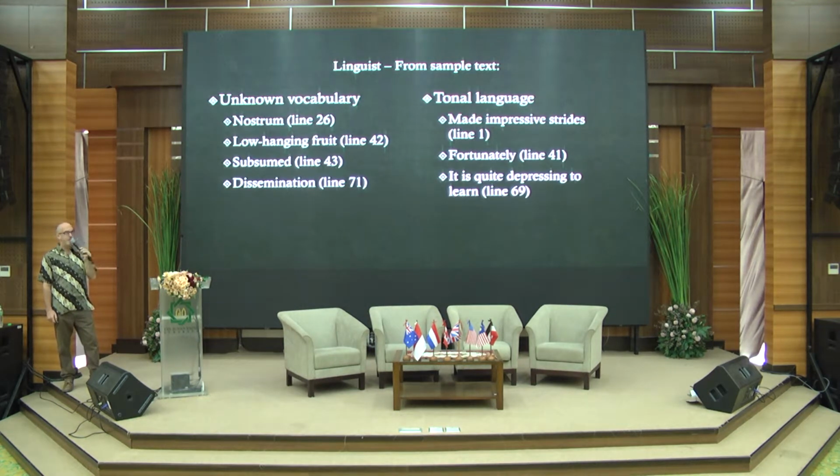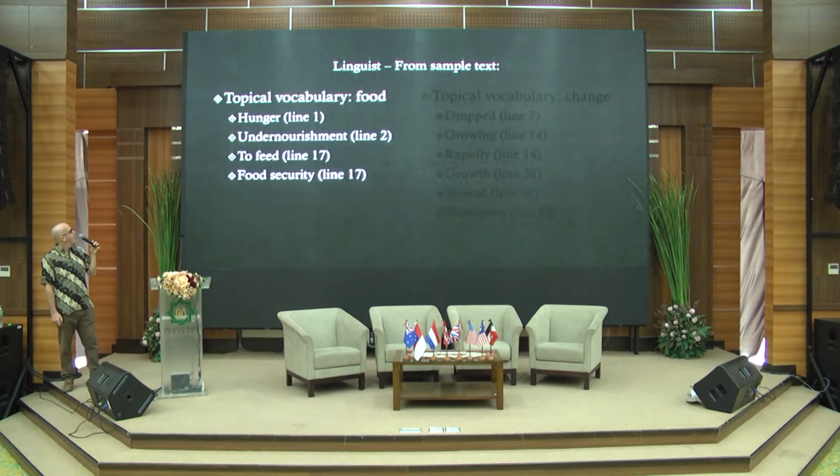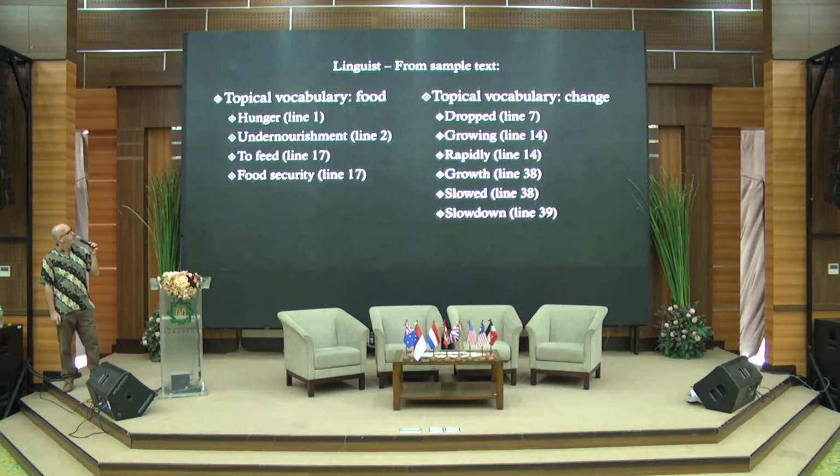Tonal language, as I said, is where the author shows their opinion, things like, it's quite depressing to learn, fortunately, made impressive strides. Topical language about food, it's about food security, more topical language about change. So these are words grouped based on their general subject.